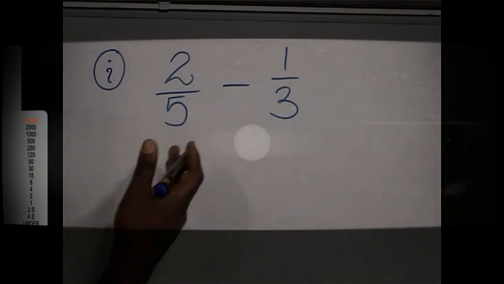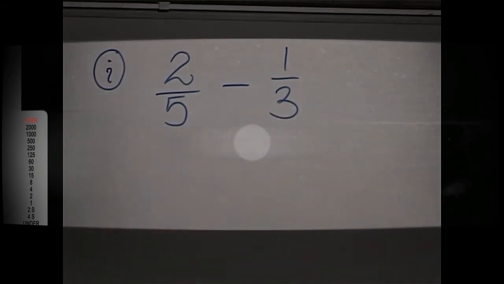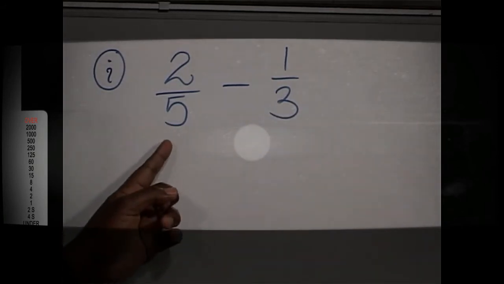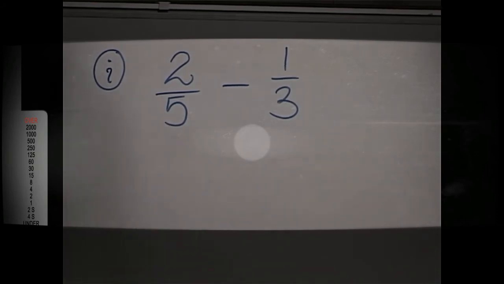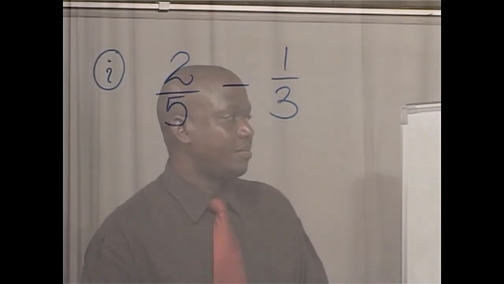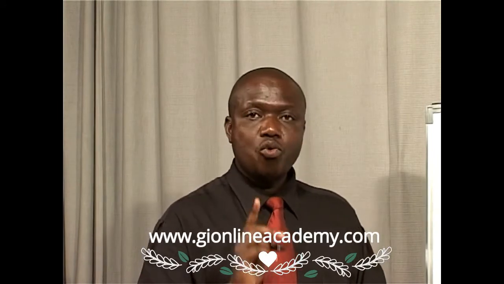But when we look at our two denominators, we are going to see that 5 is a prime number. 3 is also a prime number. Just in case we have forgotten what prime numbers are, a prime number is a whole number that has exactly two factors, meaning 1 and the number itself.